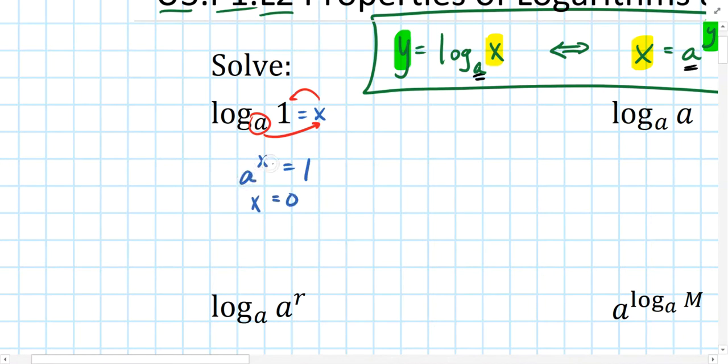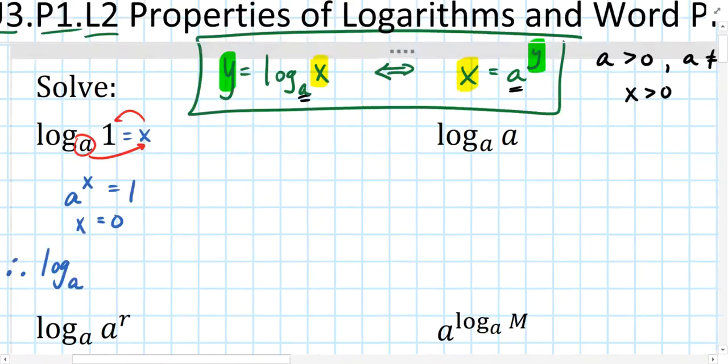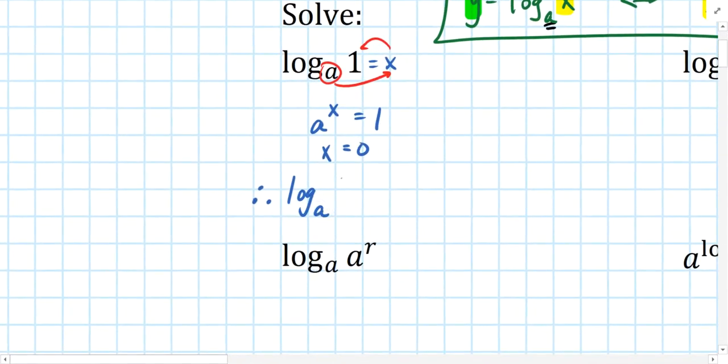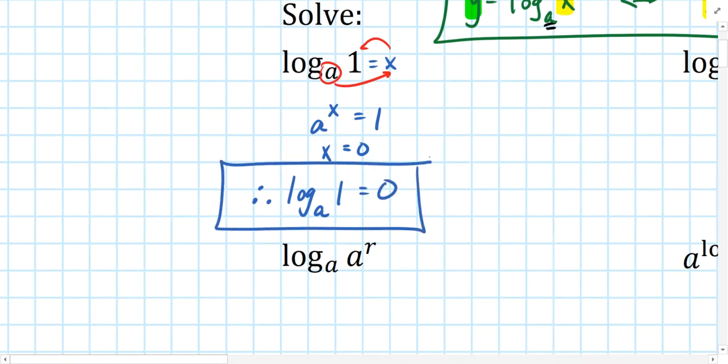Any base raised to the power of 0 will equal 1, so therefore x has to be equal to 1, and therefore we could say that a logarithm with any base value at all, as long as the a value meets our criteria before, that's positive and not equal to 1, any logarithm base a of 1 will always equal 0. So should we find ourselves in a larger problem, and we can simplify a component of that large problem into this particular phrase, well, we know that that phrase right there is exactly the same as the number 0. It's equivalent and equal to 0.